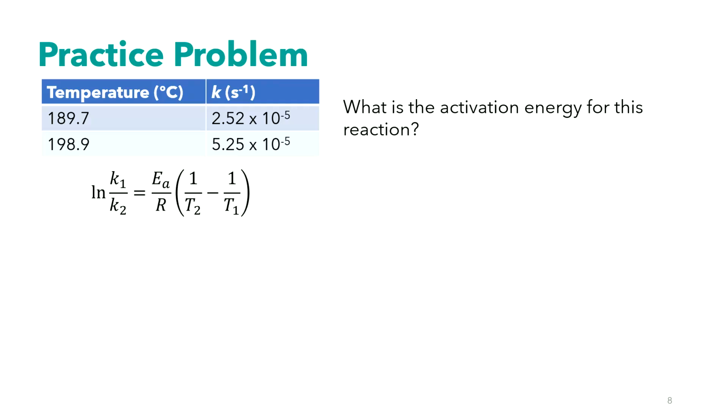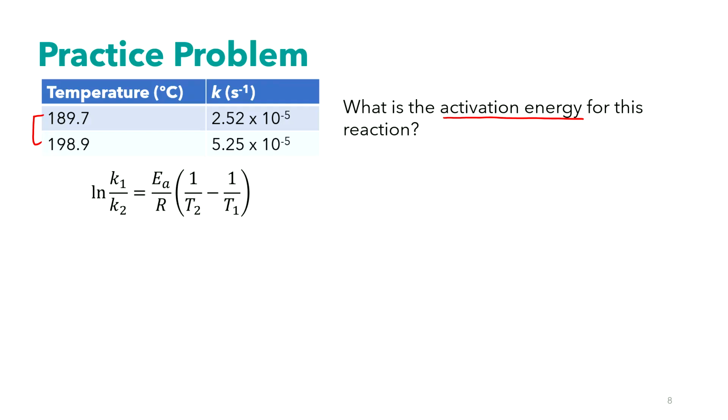Okay. This is just a plug and chug question that feels overwhelming because of the structure of that equation. What is the activation energy for this reaction? You get 2 data points, 2 temperatures, and 2 rate constants. You know everything in this equation except for EA.